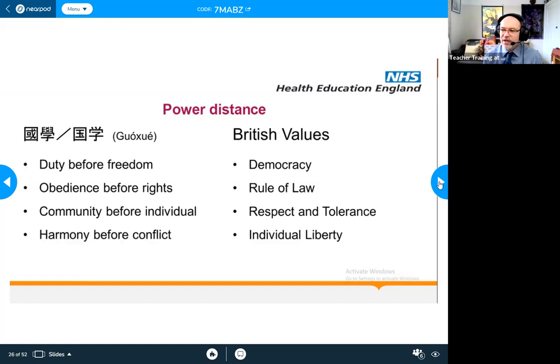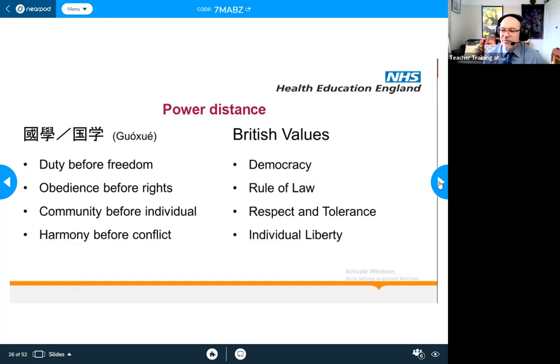So this is taught, and if you compare that to the British values, you've got perhaps duty before freedom, whereas we've got individual liberty. So it's the focus on the rights of the individual, whereas they've got duty before freedom, obedience before rights.